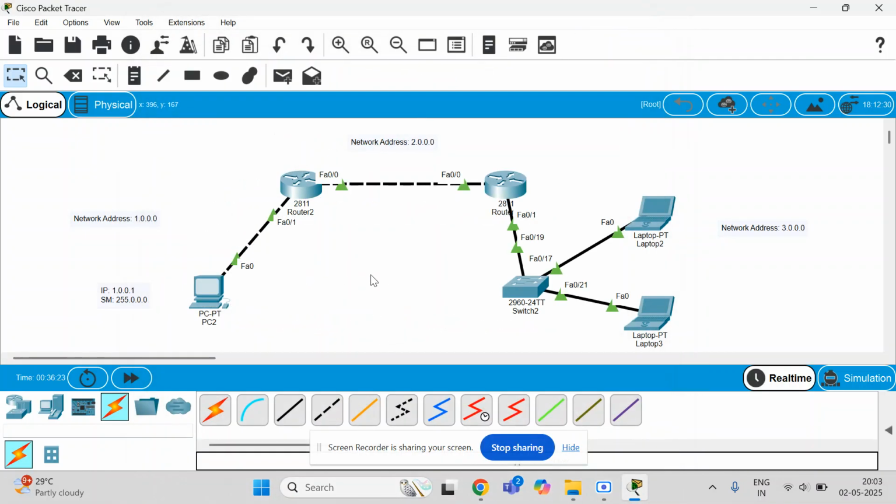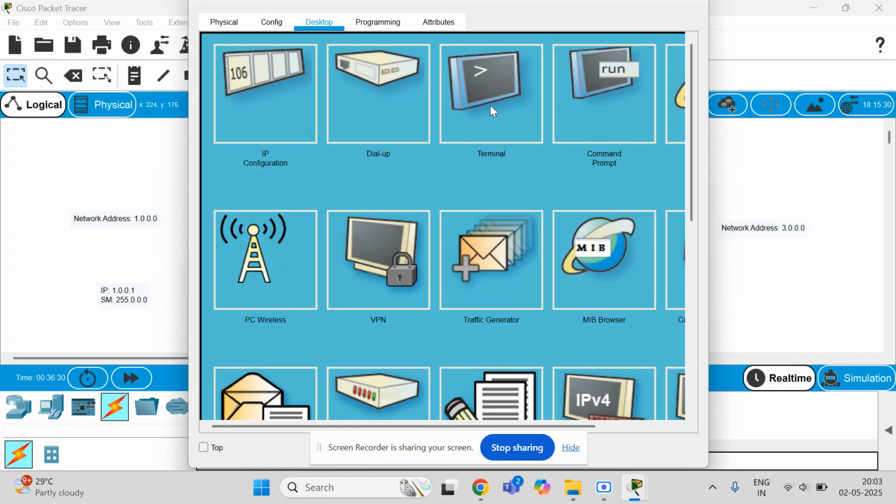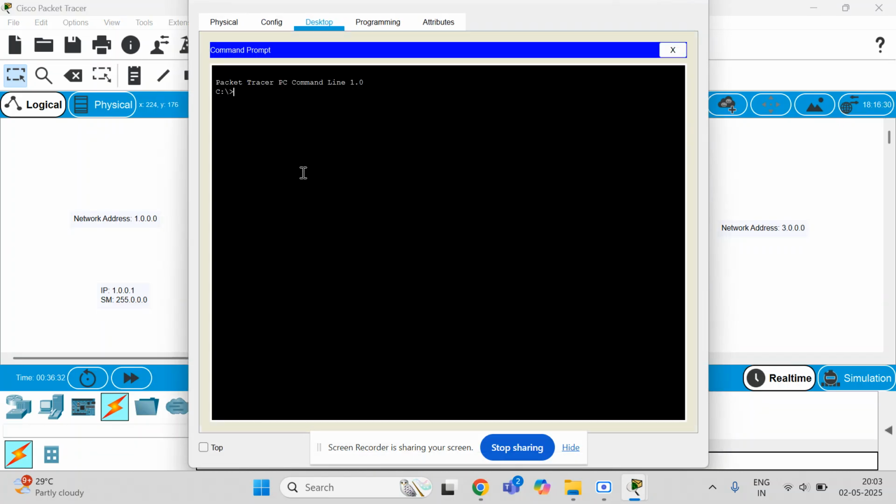Now just check the connectivity between these two networks, network 1 and network 3. I am opening the first machine, command prompt, and ping, putting the IP address of any machine in the third network, 3.0.0.3. Now just check the ping output. It takes time also.